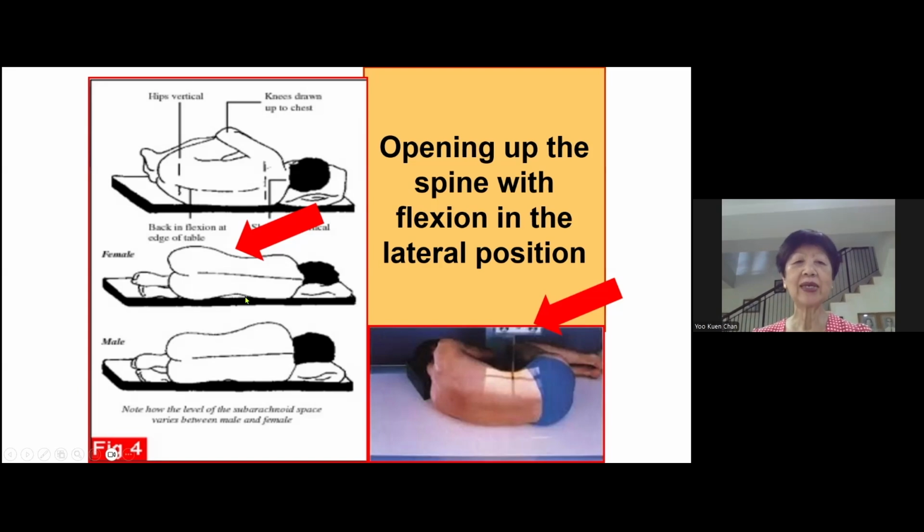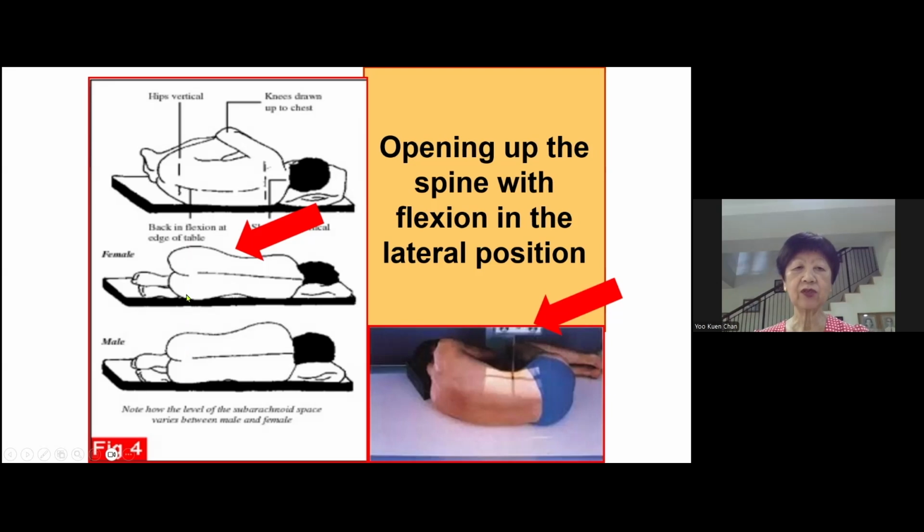If you're doing it in the lateral position, you have to be mindful of the kind of pelvis a female patient has, all right? Most of them have what we call a gynecoid pelvis, unlike the android pelvis of a male.